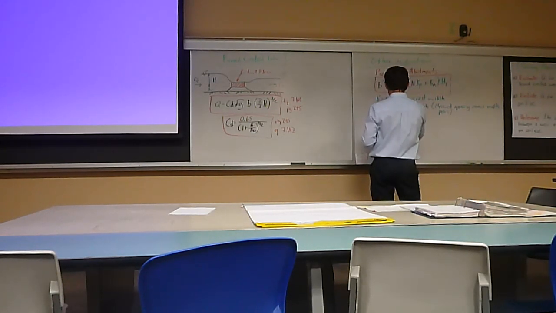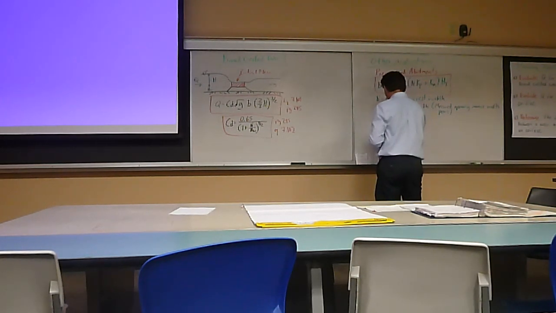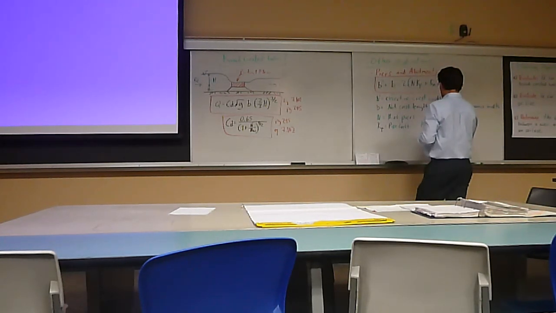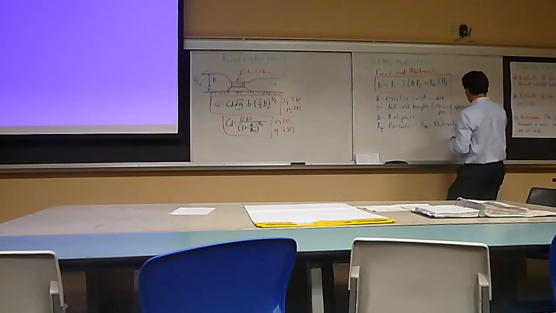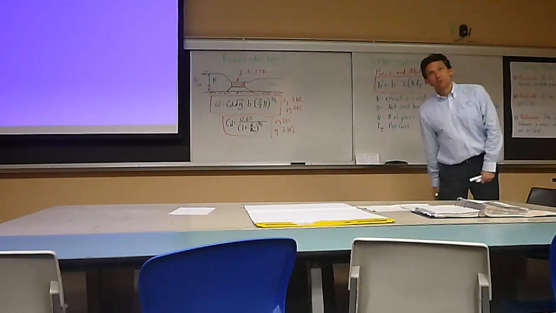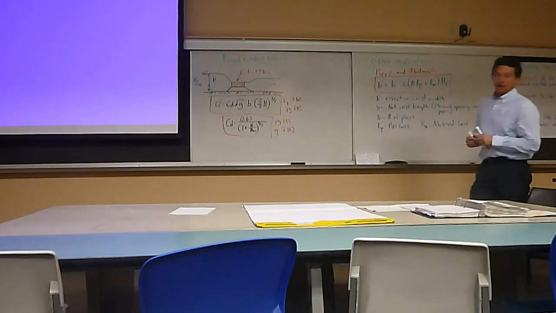N is the number of piers. Kp is your pier coefficient. Ka is your abutment coefficient. It's going to depend on whether your channel has square abutments or rounded abutments, depending on how those are actually built.